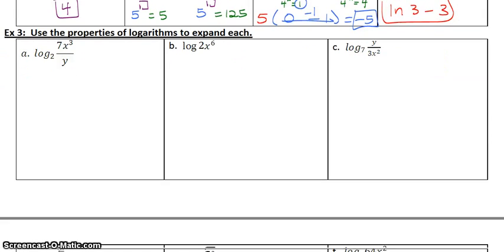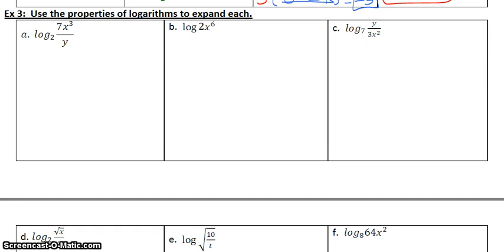So one of our goals here with these properties is to make our log statements... we're usually using the log properties to condense them because that would be what we'd want to do in a problem situation, but we're going to also practice going the other way, which is expanding logs. Here's what I mean.